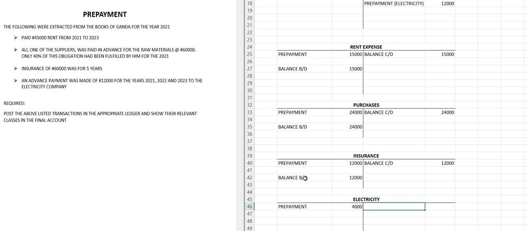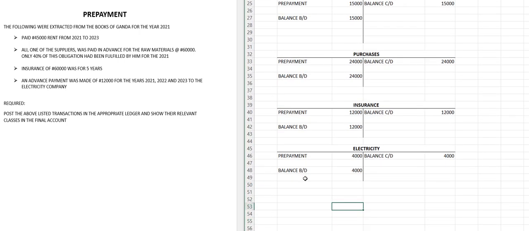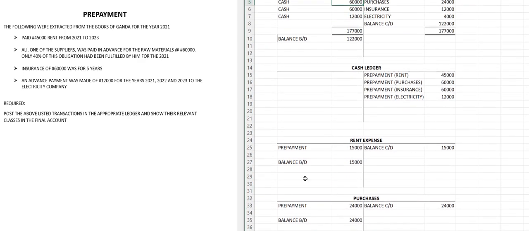Do the same thing here. Balance CD, which is this 4,000. I'll come here, balance BD 4,000. So at this point, what is left is for us to create the bottom double line, double edge.